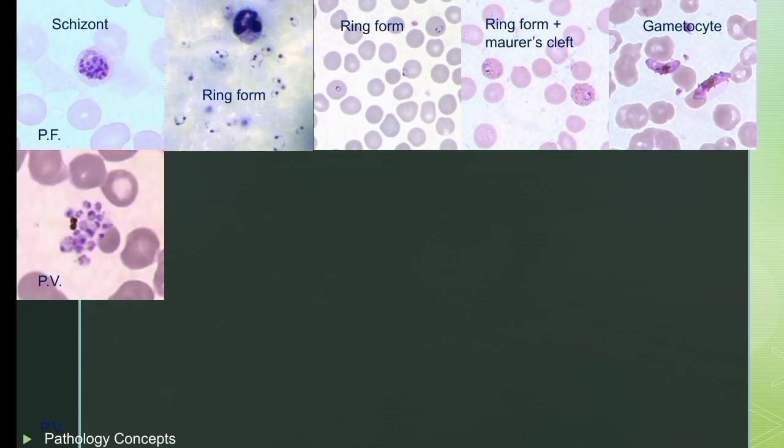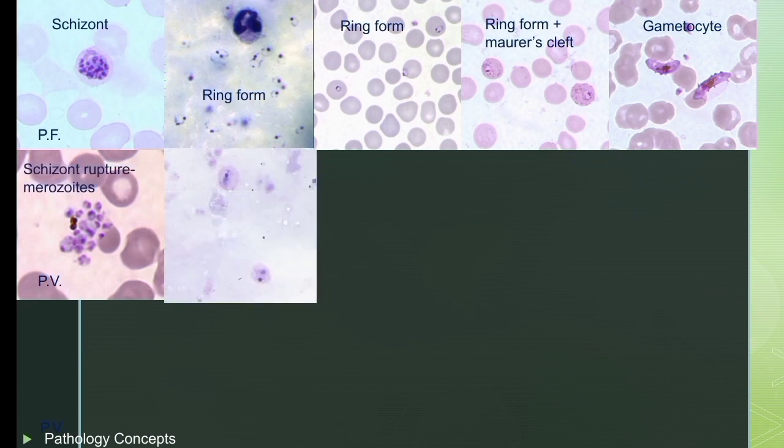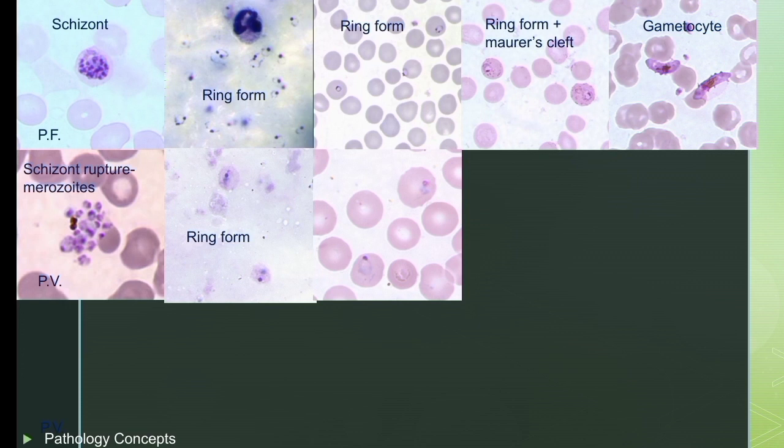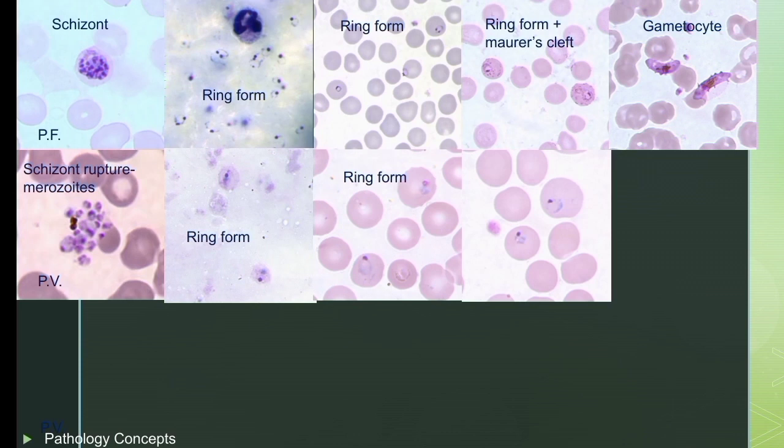This is the schizont of Plasmodium vivax, which ruptures into merozoites. It is a ring form on the thick smear. Ring form on the thin smear. This is again a ring form.